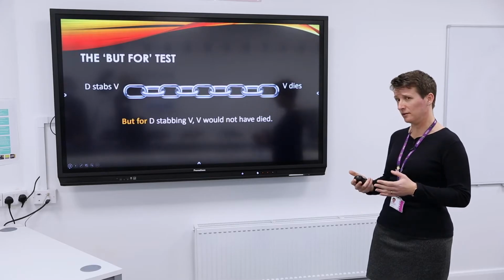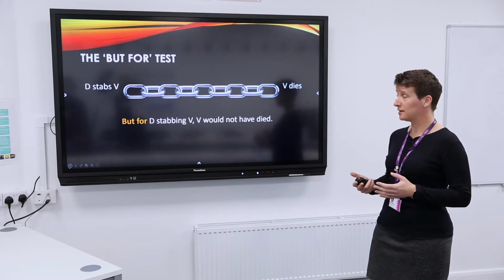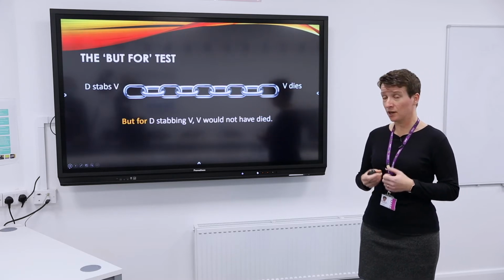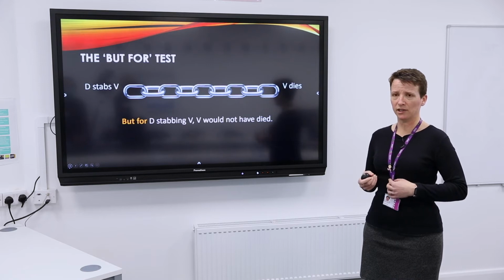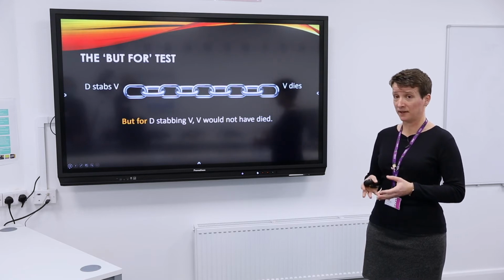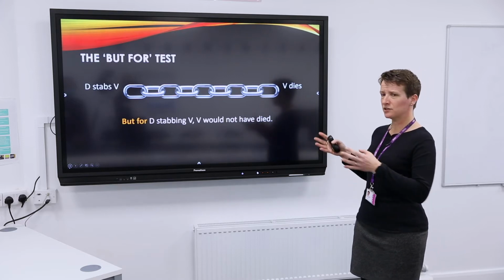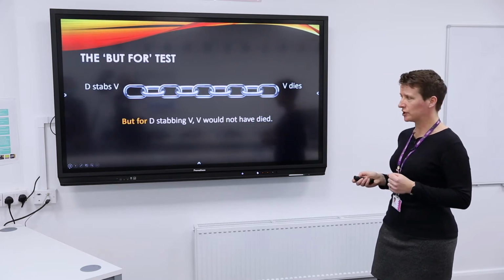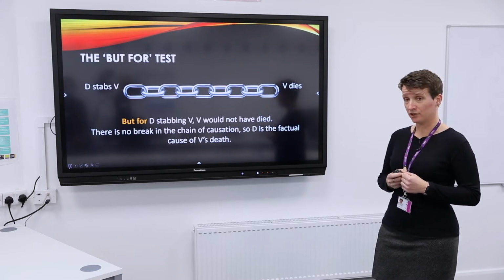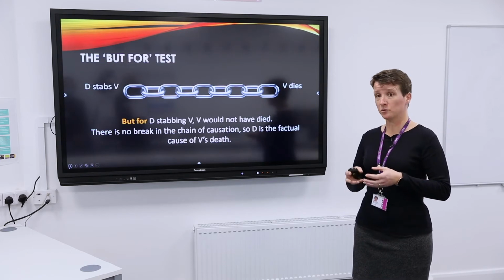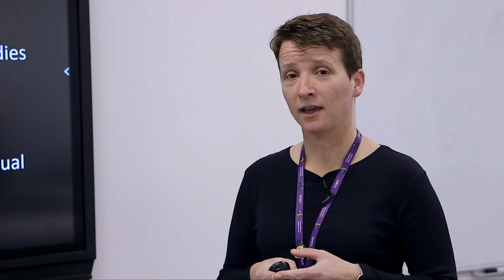So the test we use is the but-for test. So but for D stabbing V, V would not have died. Or to use my traffic analogy of earlier, if it hadn't been for the defendant stabbing the victim, the victim wouldn't have died. So what you see on the screen is the application of logic. There is no break in that chain of causation, so the defendant is what we know as the factual cause of the victim's death.